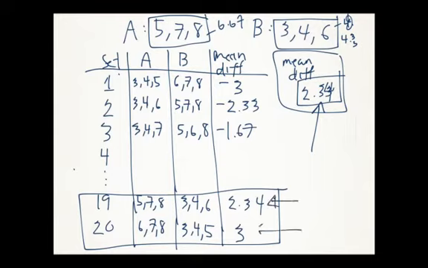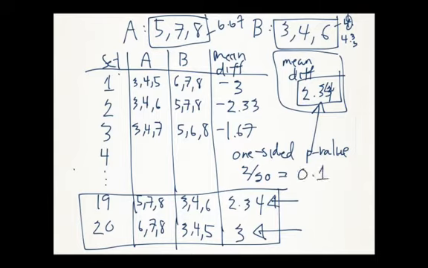Here's something more extreme, right? A mean difference of 3. So that means there are 2 possible values out of the 20 that are as or more extreme than the observed result. So that means our one-sided p-value in this case is 2 out of 20, or 0.1.